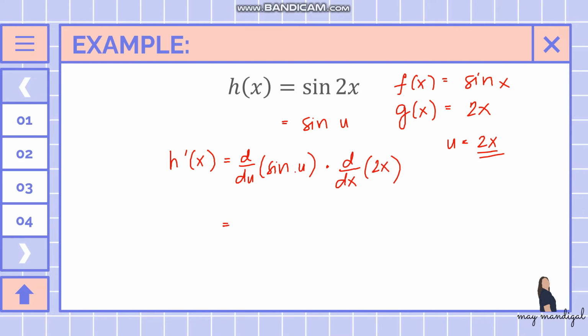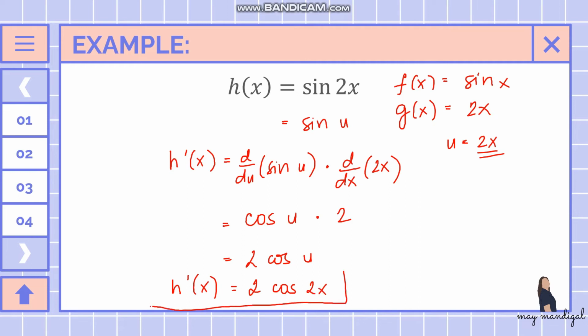The derivative of sine is cosine, and since the variable that we used here is u, we just write cosine of u, times the derivative of 2x, which is 2. And then just multiply, so you have 2 cosine of u. And then last step is to replace u with 2x, since that's the original value. So 2 cosine of 2x. And then that's it. That is already the derivative of our function.